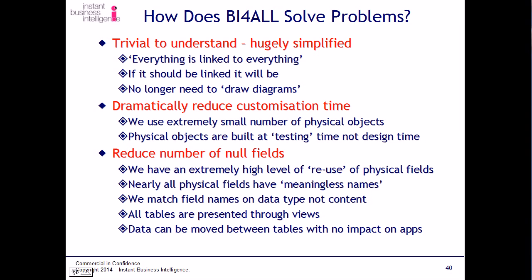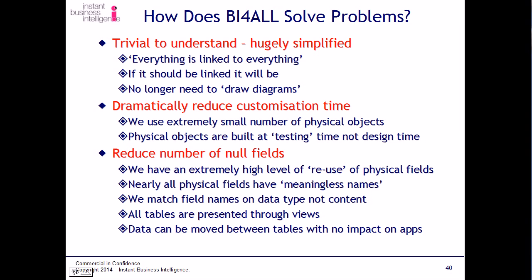We have in our data models an extremely high level of reuse of physical fields. Nearly all physical fields have meaningless names and can be reused by different views that are being placed into that field. We match the field names on the data type, not by content. So if you have a string field, varchar 255, you can put anything that's a string into that field. You don't need to worry about it.